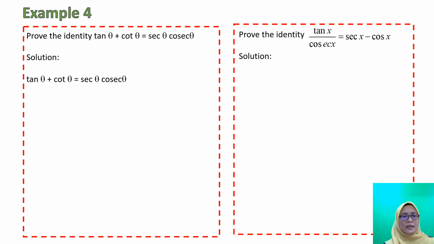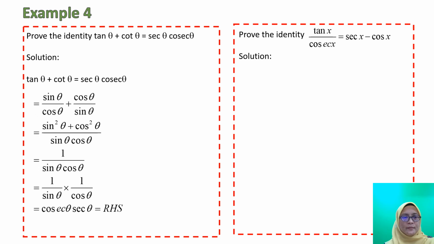Okay, so then example 4, prove the identity of tangent theta plus cotangent theta equal to secant theta cosecant theta. Okay, so the idea is kita akan ubah tangent dengan cotangent. So ini from left hand side.